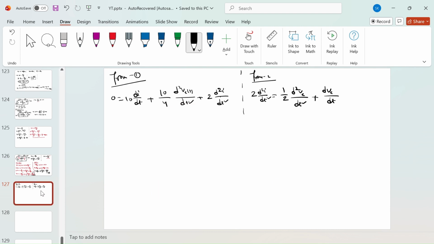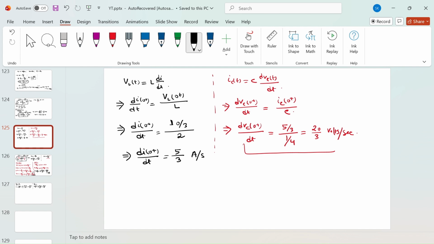Now put the values for 0 plus. If you just put the values at 0 plus, this will be 0 plus, this should be 0 plus, and this should be 0 plus. This value is known, and this value is also known.